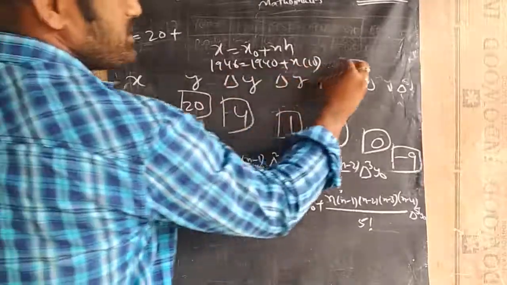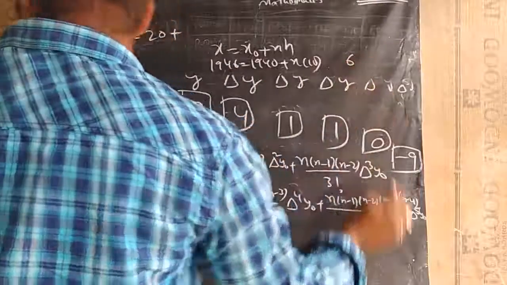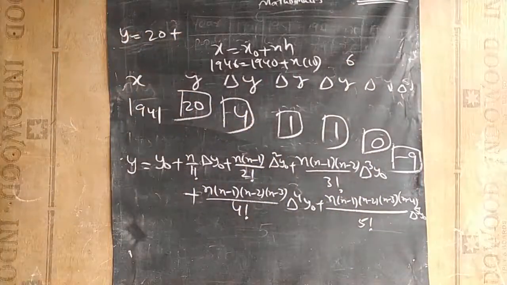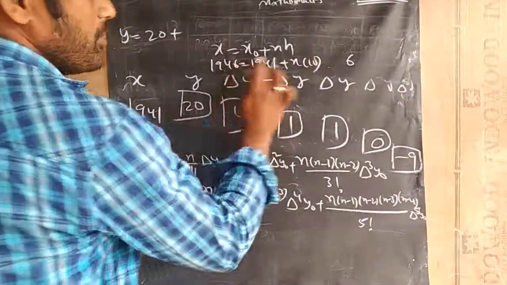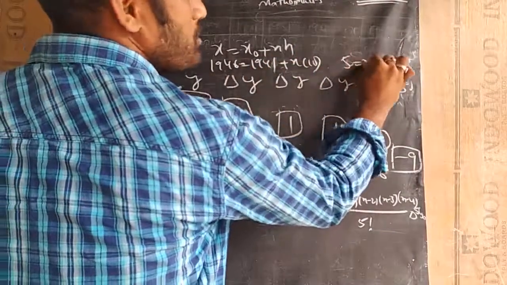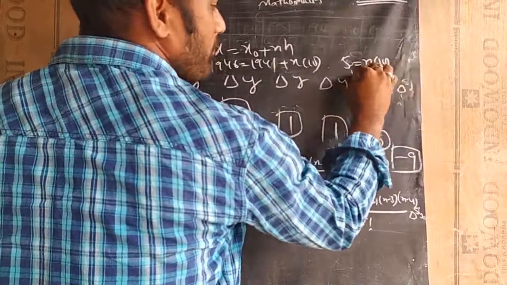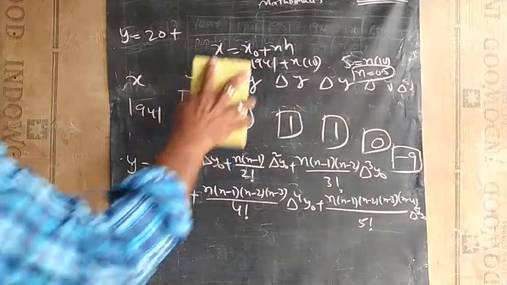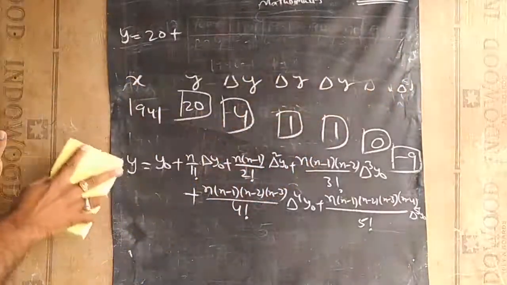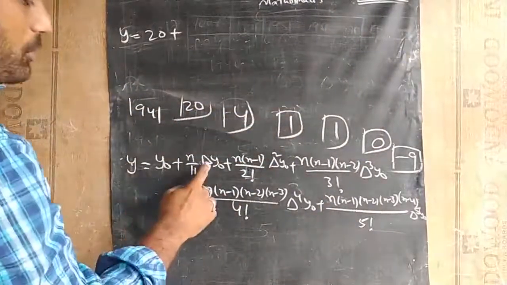So the difference is 5, which is equal to n into 10. So the n value will be 0.5. Let us take n as 0.5.